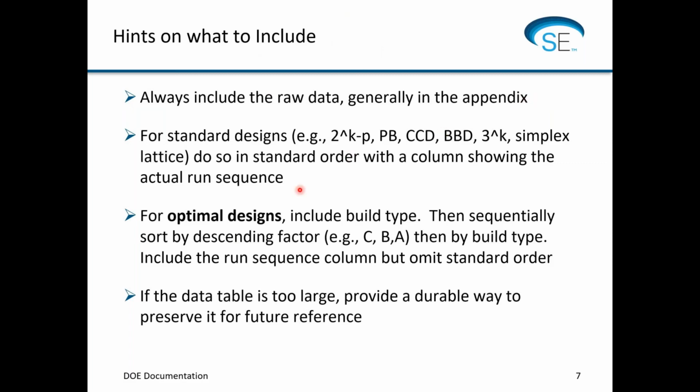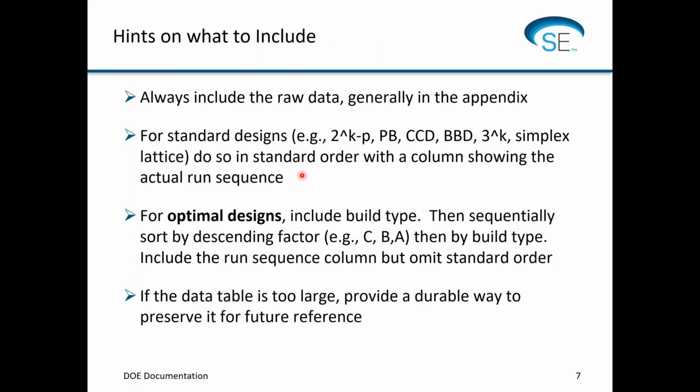For standard designs, and by standard designs, we're talking about factorial designs or fractional factorial designs, Plackett-Burman, central composite designs, Box-Behnken designs, 3-level factorials, simplex lattice mixture designs, etc., you might want to look at these raw data tables in what's called standard order, with a column showing the actual run sequence.